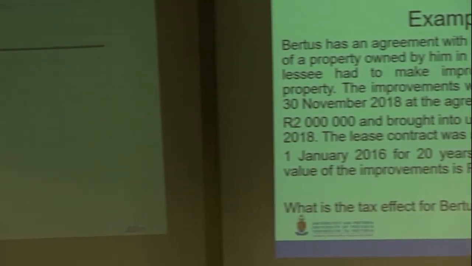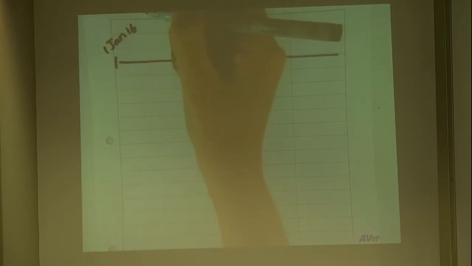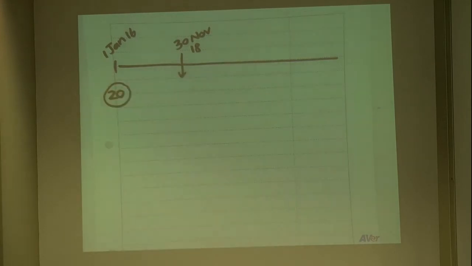If we've got a timeline here, we've got the lessee who made the improvements. They were completed on 30 November 2018. So let's just put that in here, 30 November 2018. The lease contract started on 1 January 2016, and it was for a period of 20 years. So let's just keep that in mind, 20 years.